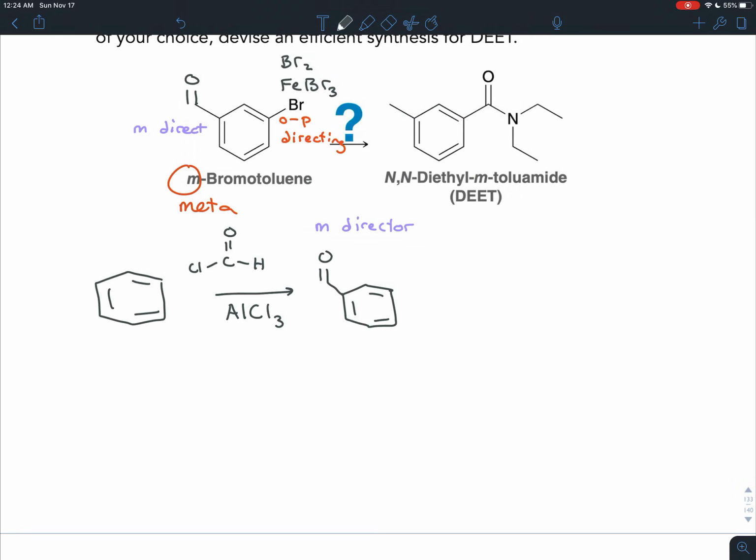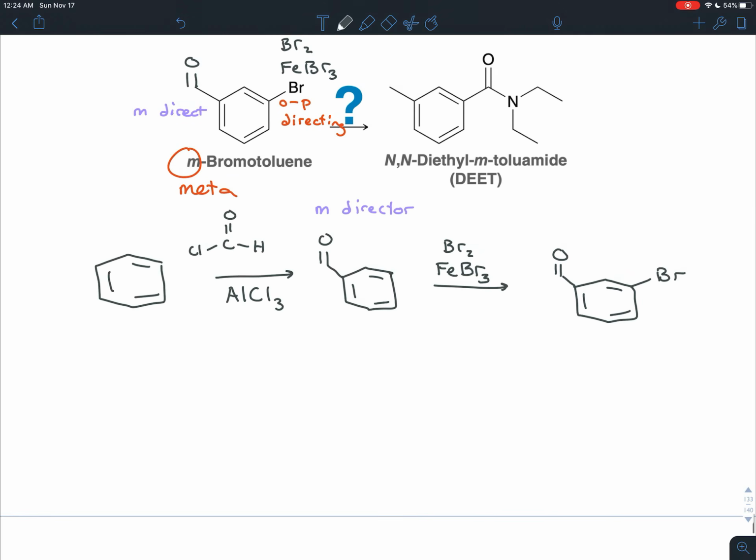So once that's there, we could add the bromine. We could do Br2 and turn it into an awesome electrophile by adding the FeBr3 catalyst, and the bromine will add meta to our acyl group. And now we just need to get rid of those bonds to oxygens. If you're trying to reduce an acyl group that is conjugated with the benzene ring, there's a special recipe for that.